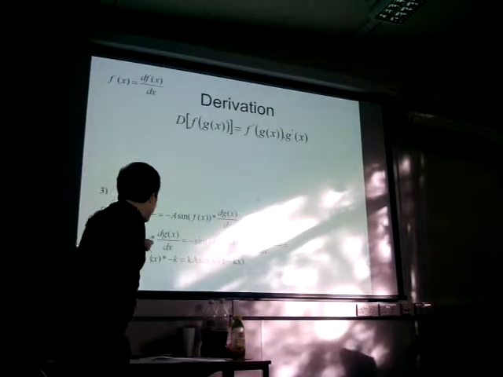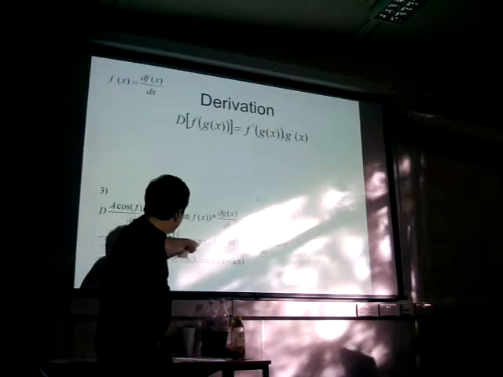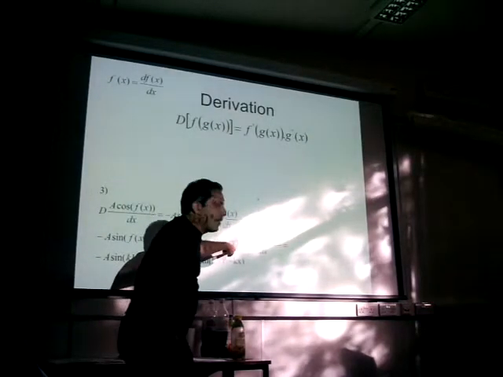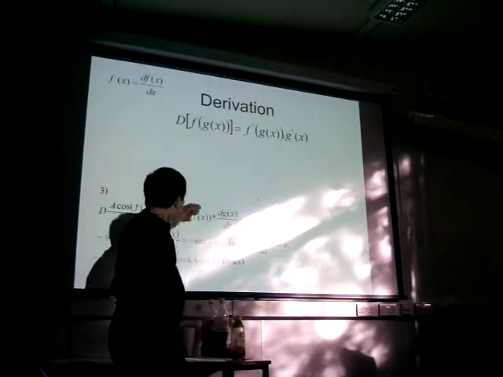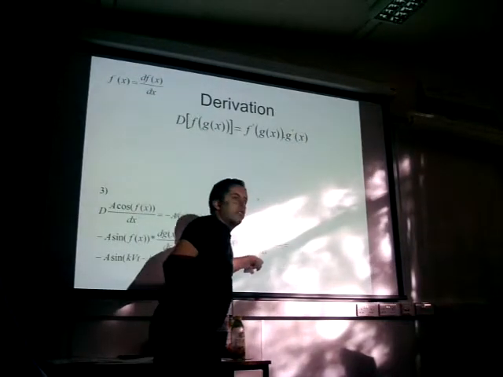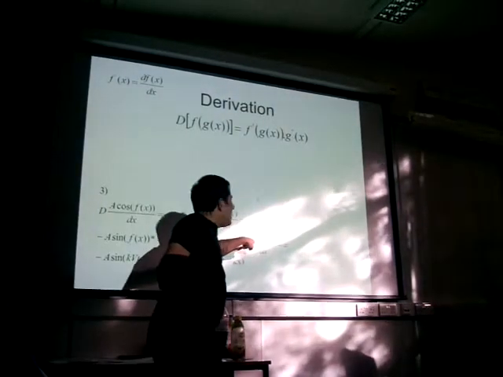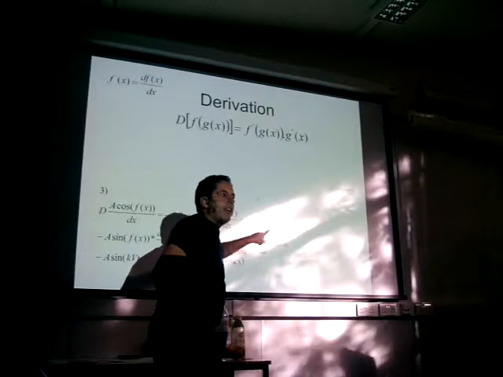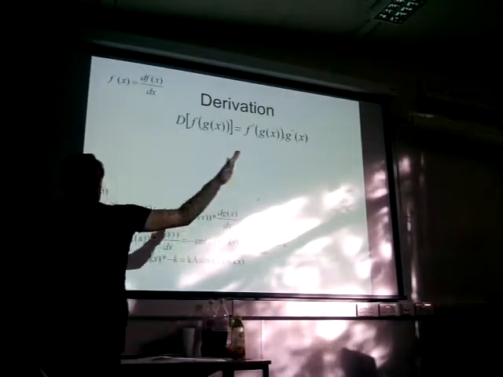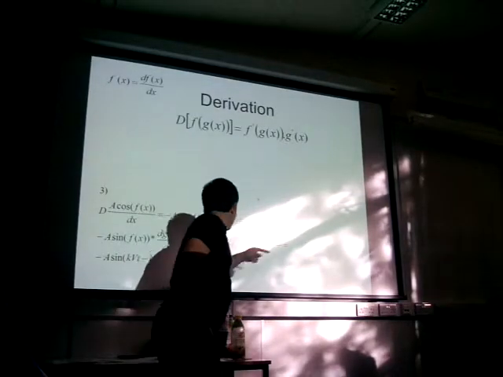So, minus sine of kvt minus kx, that is the derivative of the cosine of that object, multiplied by the derivative of that object. If I do the derivative of that object with respect to x, any parameter that is not x is 0. So the only thing I have to derive is the one depending on x, that is minus k.